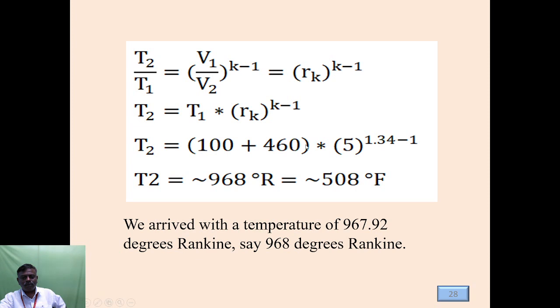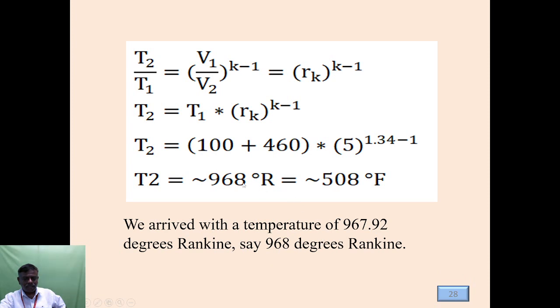T1 is 100 plus 460, r_k is 5, k is 1.34 minus 1. By solving this equation, we get 508 degrees Fahrenheit. We arrived at a temperature of 968 degrees Rankine.